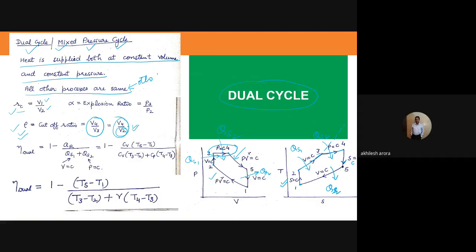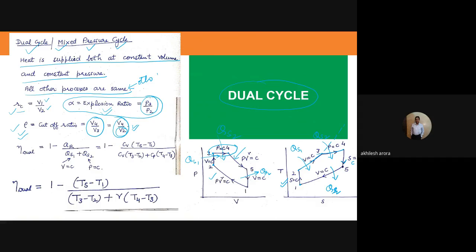Now because there is one more process, from 2 to 3, which is the heat supply at constant volume, corresponding to that we define another ratio known as alpha, the explosion ratio, given by P3 by P2. That means the rise in pressure when we inject the fuel into the diesel engine. In the dual cycle, the injection of the diesel starts at point 2, but during this process there is only an increase in pressure, whereas from process 3 to 4 there is only an increase in volume.